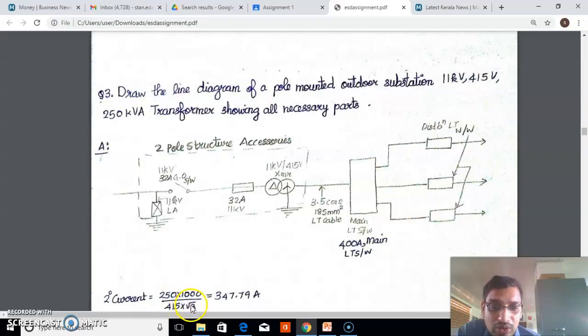Root 3 is applied because it is a 3-phase supply, and the secondary voltage is 415. We get a value of 347.79 ampere. That is the secondary current rating of the transformer.